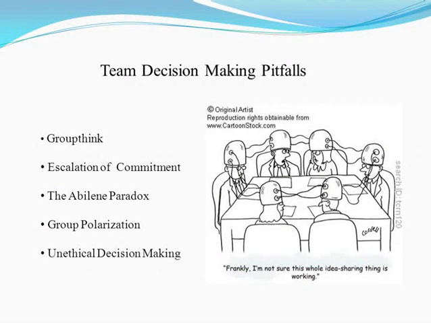There are 5 main team decision-making pitfalls that we will discuss. Groupthink is the tendency of decision-making groups to suppress dissent in interest of group harmony, following lead group members to overestimate their group's might and right.